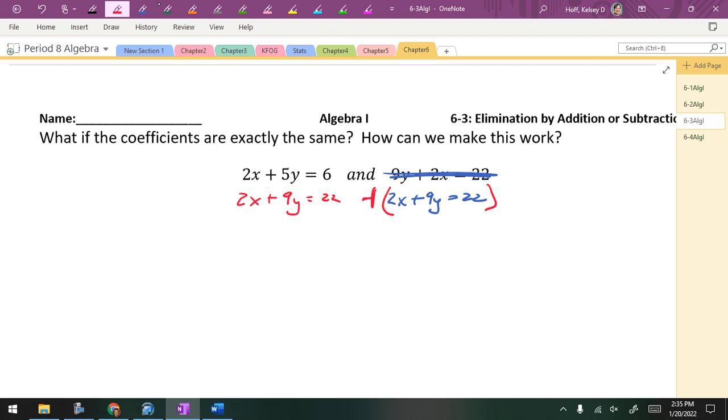When you multiply by a negative 1, what does it really do? Just changes the sign, right? So instead of a positive 2x, I would have a negative 2x. Instead of a positive 9y, I would have negative 9y. Instead of a positive 22, I would have a negative 22.